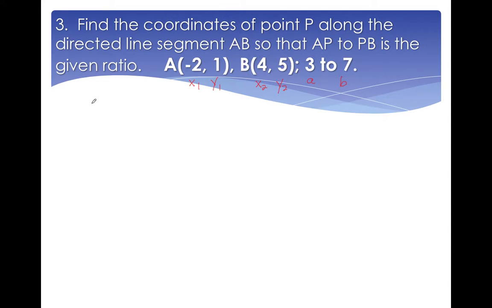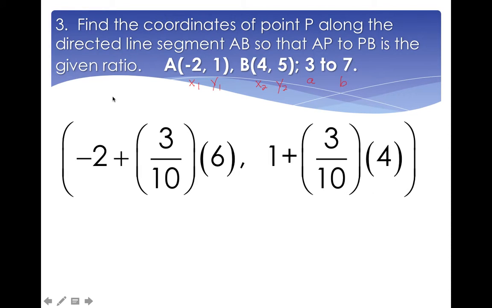Well, thinking about what the formula says, if I wanted to find my x part, then I would actually plug it in. Notice my x1 goes here. This actually represents my A. We got 10 because in the formula it says that we're supposed to add a to b.